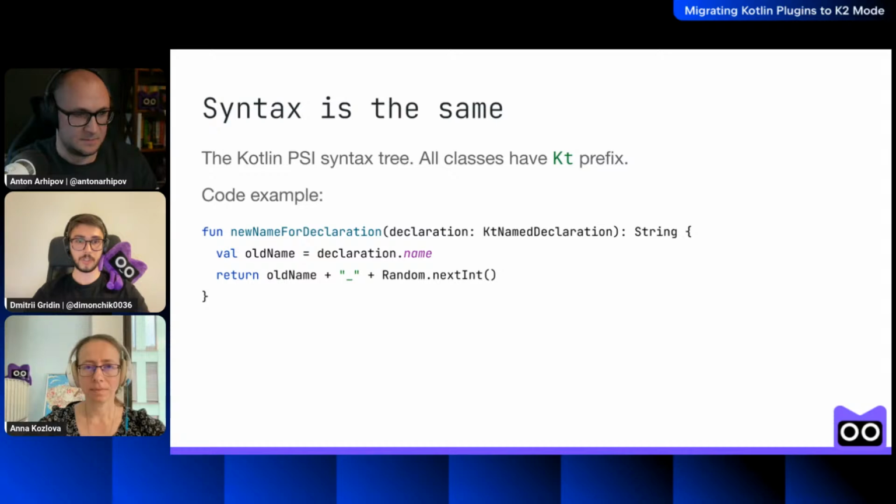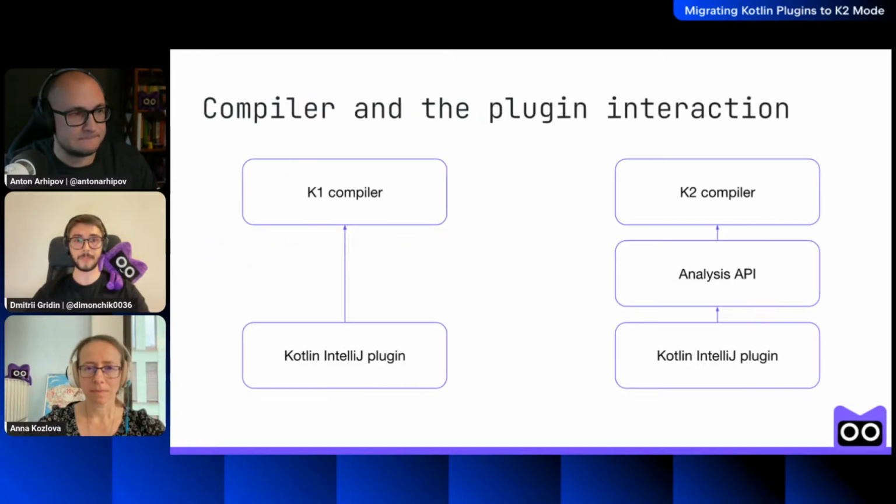We want to return a new identifier for it. So our declaration has a name, which basically returns just a string, and we return it with some random integer. Later this name, for instance, can be used for refactoring or something else.